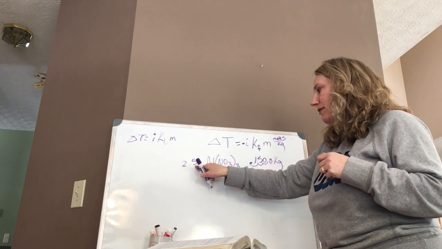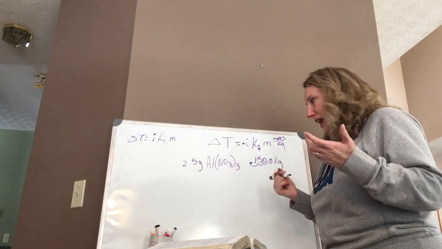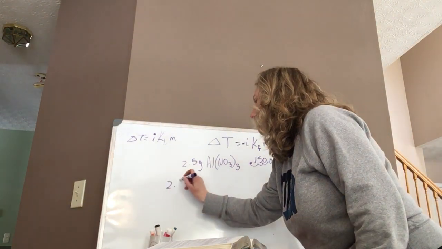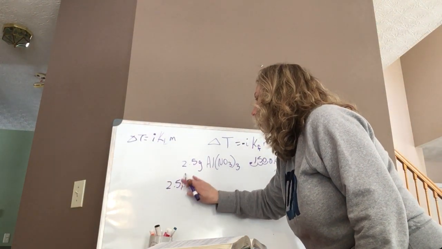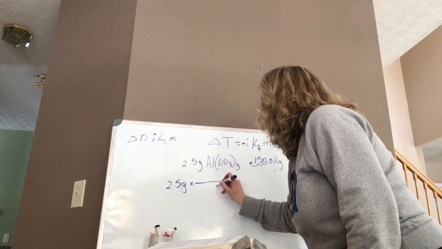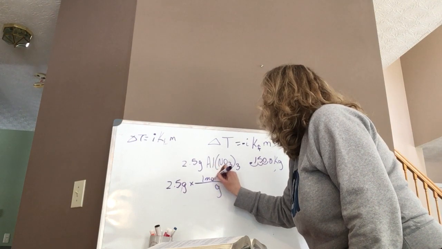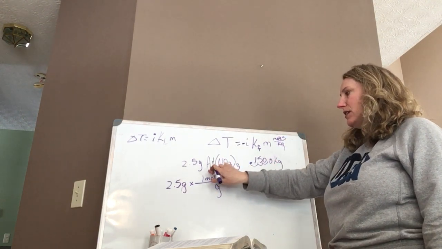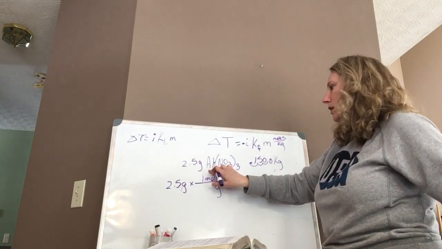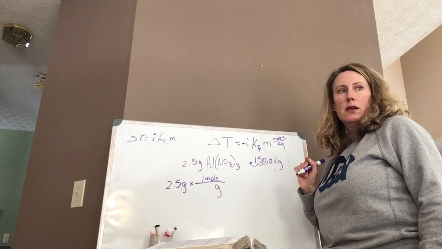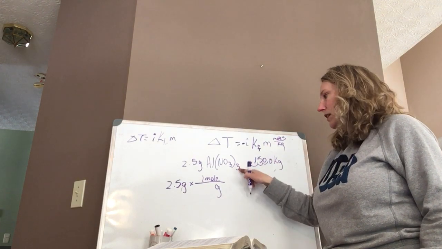If I have 2.5 grams, I have to convert it to moles. So I'm going to do 2.5 grams times how many grams are in 1 mole. And this one's a little trickier because you have to take 1 aluminum. How many N's do you have? 3, because it's 3 times that.